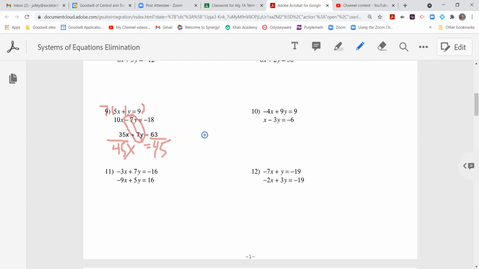It depends on which one you're trying to eliminate. So for instance, on number 10, if we wanted to eliminate the negative 4x, we would do what? Think of the column. What does that coefficient for our other x term need to be if you're going to cancel with negative 4? Positive 4.